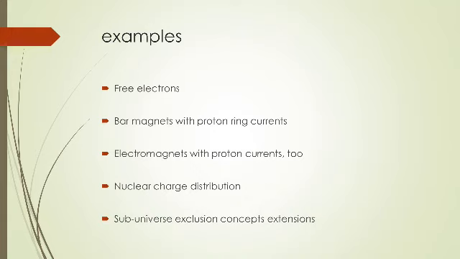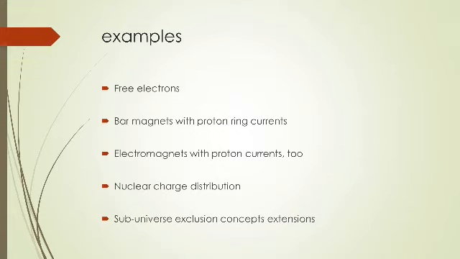Electromagnets also have proton currents, just like an iron nucleus. And the proton currents have ohmic cycles, as well as electron currents do. And just that the pairing occurs between the protons, pairing changes instead of going through the electron.